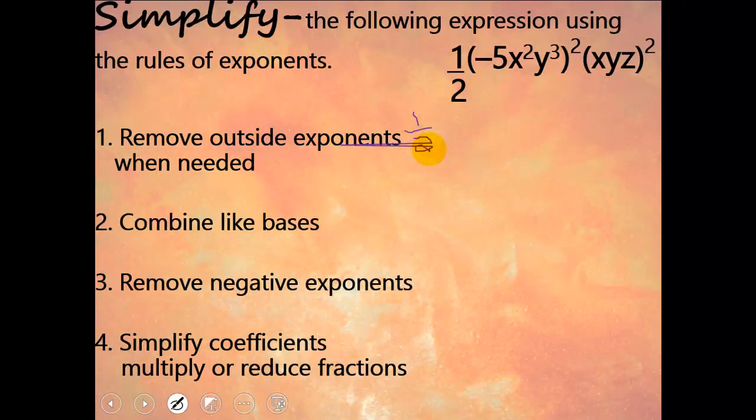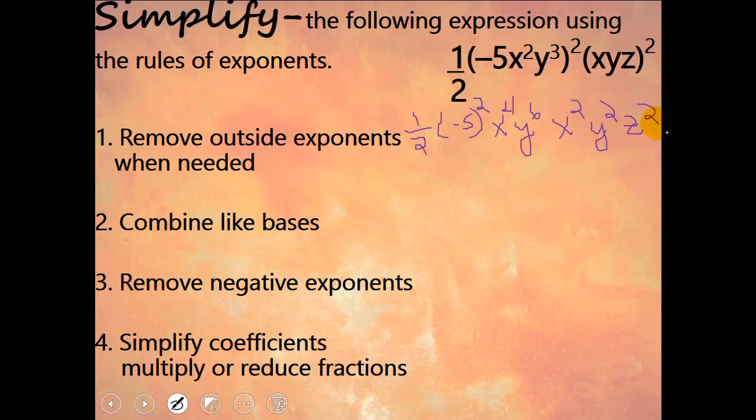And then I get negative 5 squared, x to the 4th, y to the 6th. I'm multiplying those exponents. And then I get x squared, y squared, z squared.